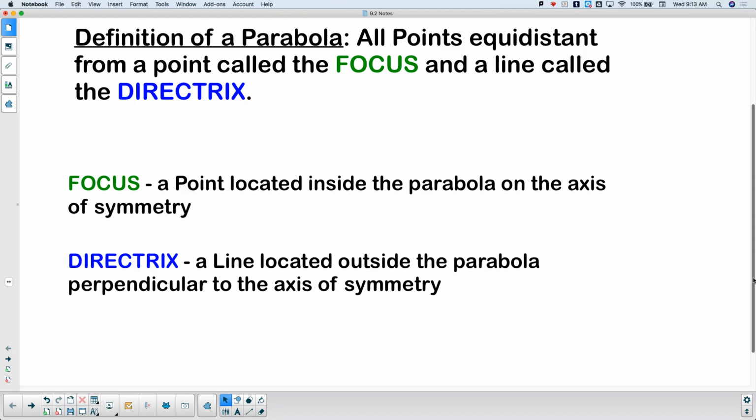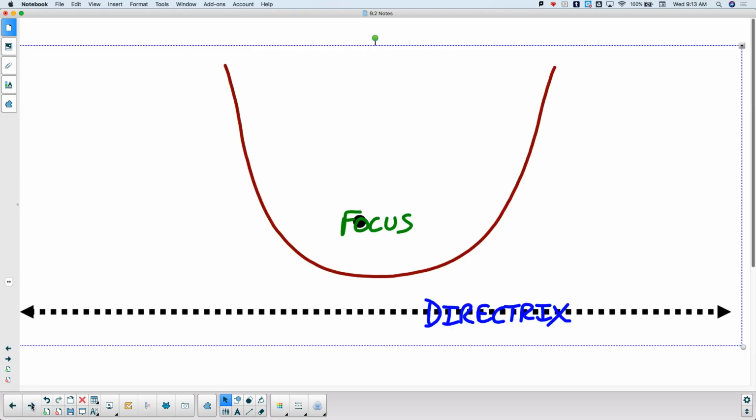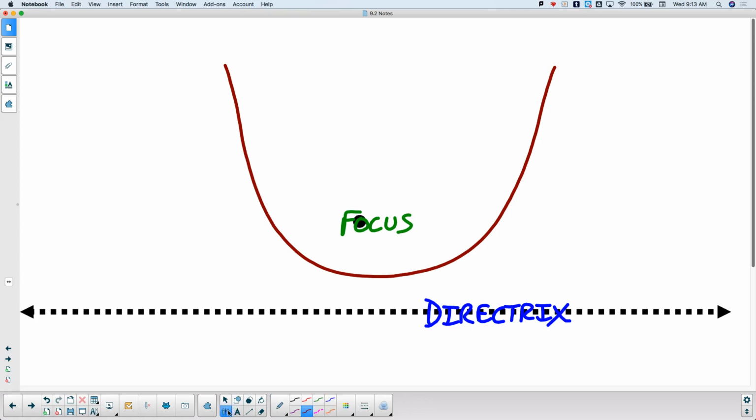Now what the definition is saying is, we'll go with orange. The definition is saying that if I have a point on my parabola, the distance from that point to the focus is the same as the distance to the directrix.